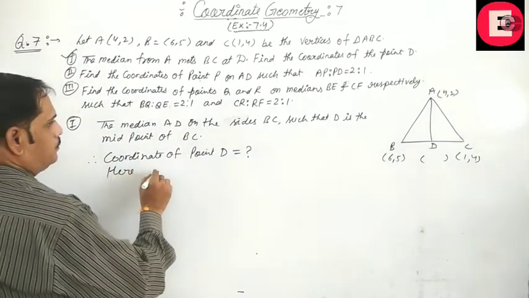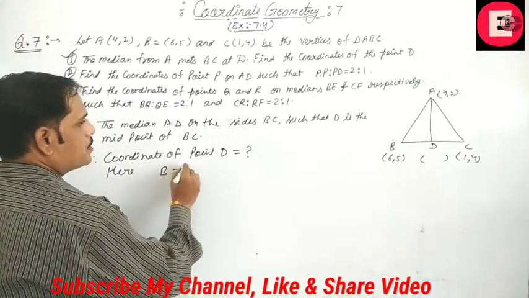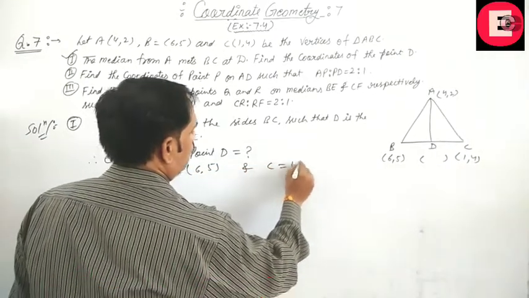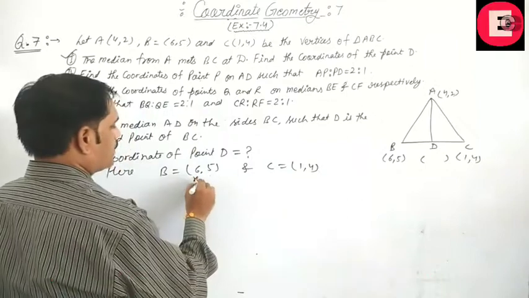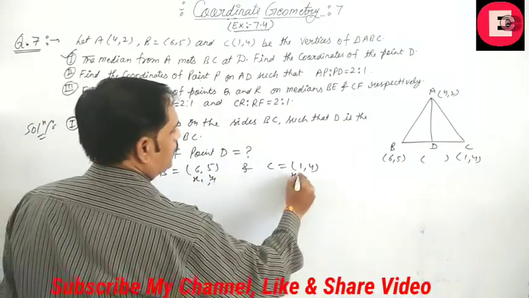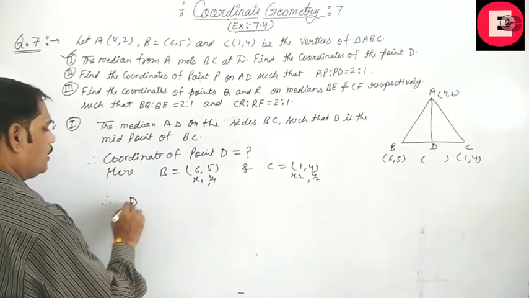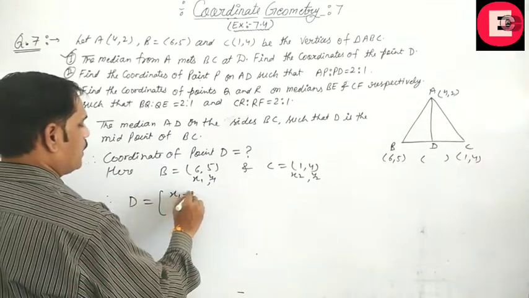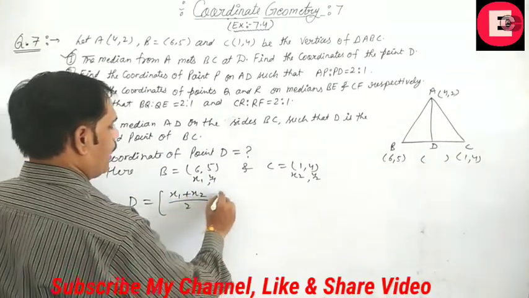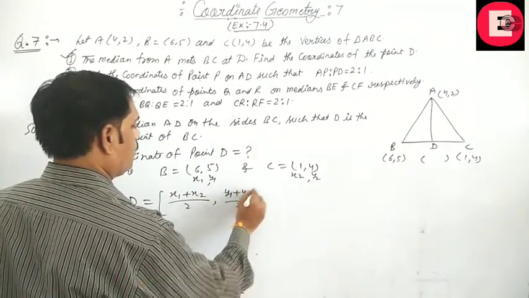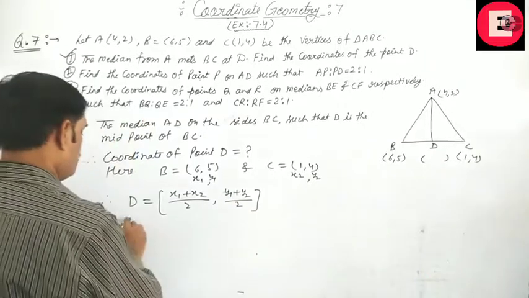Here B is equal to (6, 5) and C is equal to (1, 4). Therefore these are x1, y1 and x2, y2. Then D is equal to ((x1 plus x2) upon 2, (y1 plus y2) upon 2).